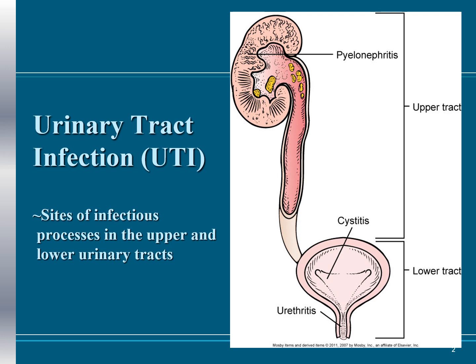So one of the well-known is a UTI, a urinary tract infection. Sites of infection include the upper and lower urinary tract. Usually the bladder is a very sterile area and environment, and the urethra as well.